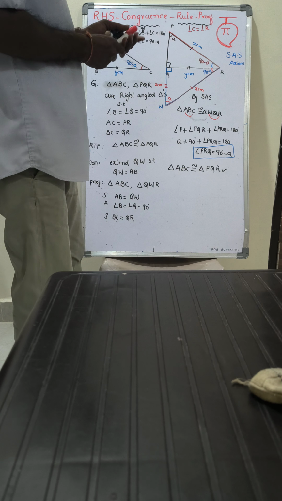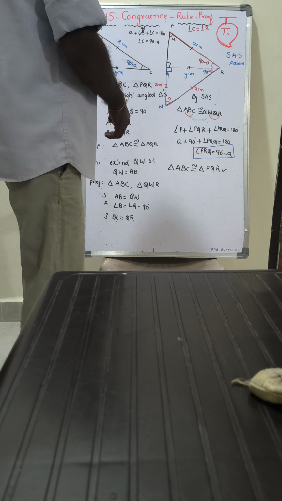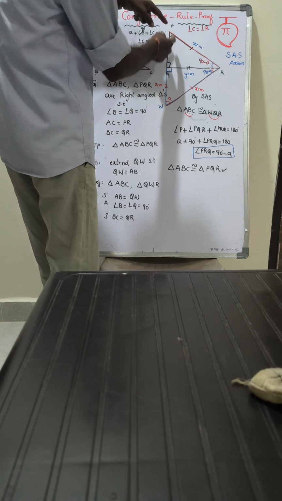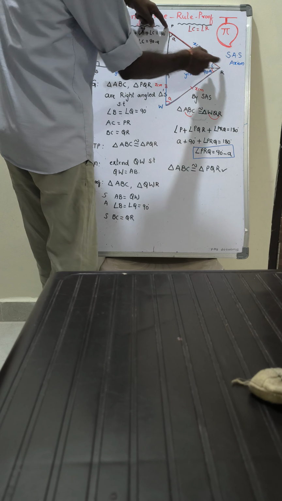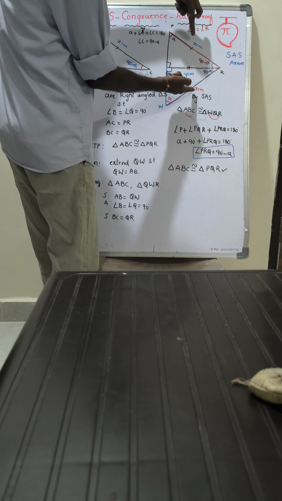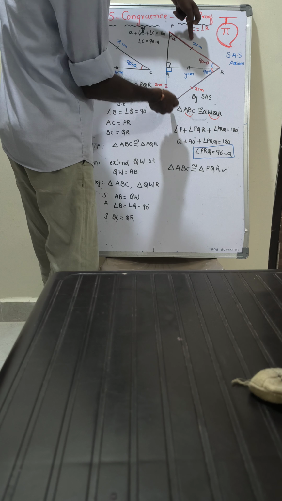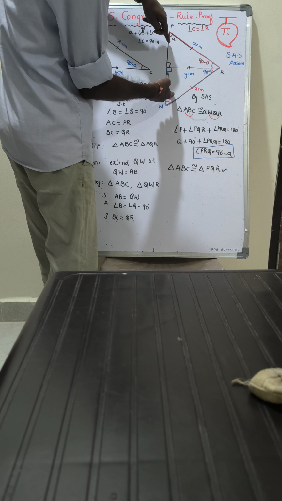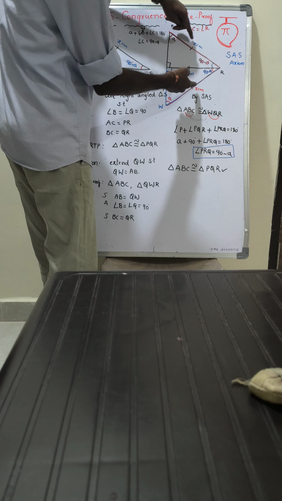Now look at these two triangles. Look at this bigger triangle, triangle PRW. In triangle PRW, these two sides are equal. It's an isosceles triangle. In an isosceles triangle, these two sides are equal, then automatically their opposite angles are also equal. Equal sides have equal opposite angles.